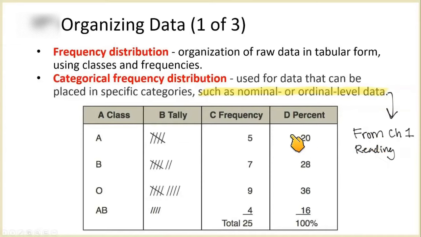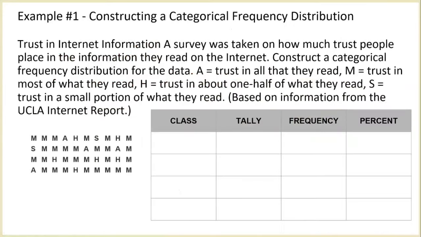And we're going to look at how we construct a categorical frequency distribution in a little bit. So if we look at our first example, constructing a categorical frequency distribution, this information is about a survey that was collected on how much people trust the information they read on the internet.